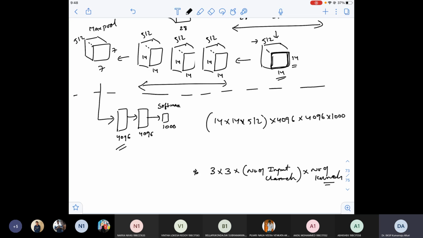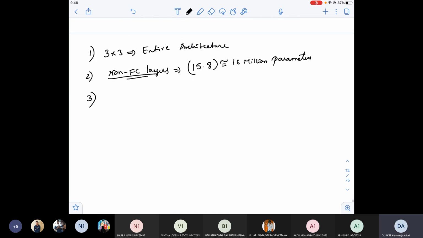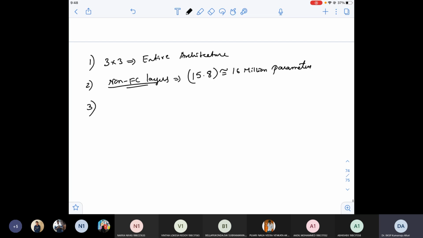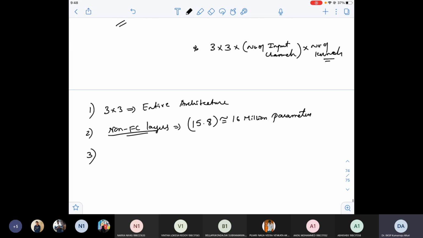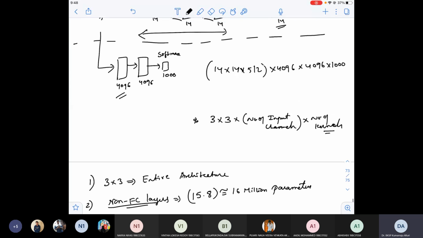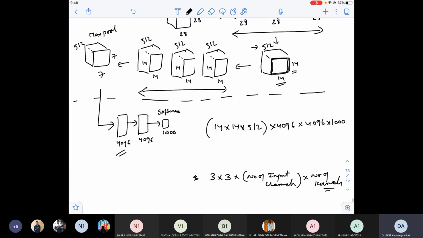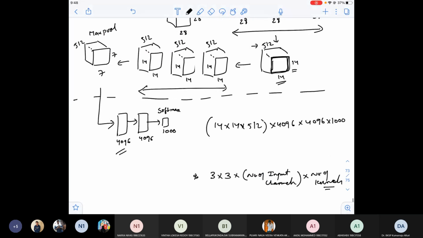Okay, so if you do this, just a second, did I make any mistake? I think some mistake was done from my side. Oh, it's not 14 cross 14, because this is my last layer, sorry, this is my last layer, right?